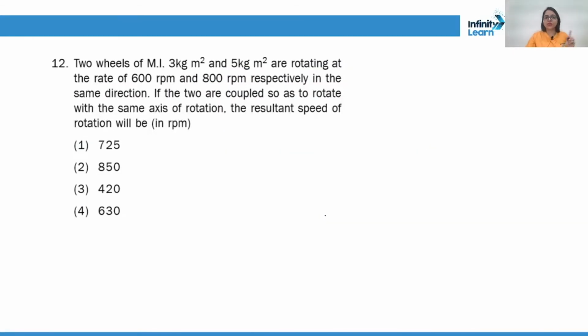Question number 12. Two wheels of moment of inertia 3 kilogram meter square and 5 kilogram meter square are rotating at the rate of 600 rpm and 800 rpm respectively in the same direction.